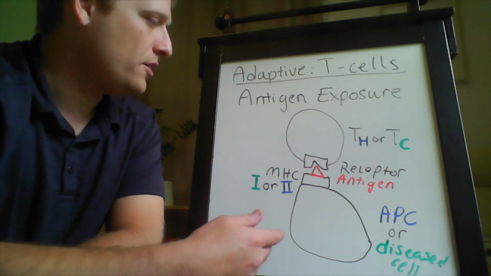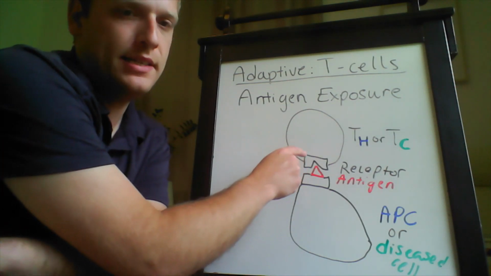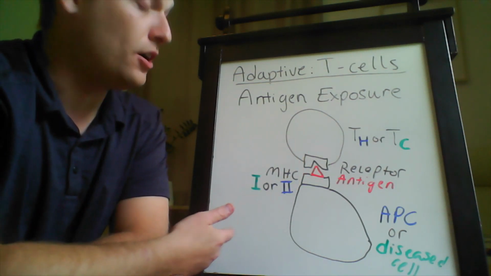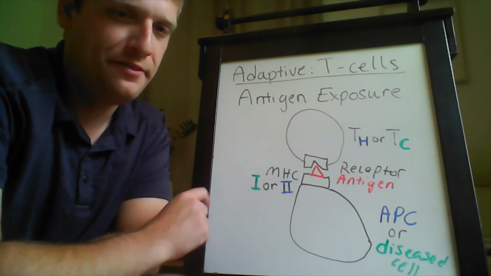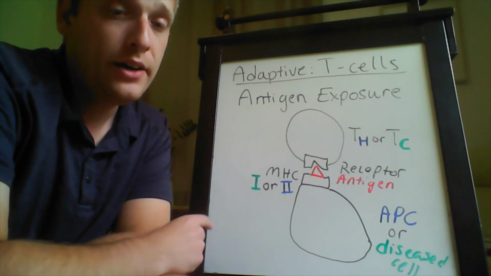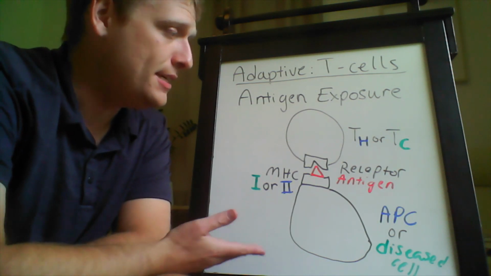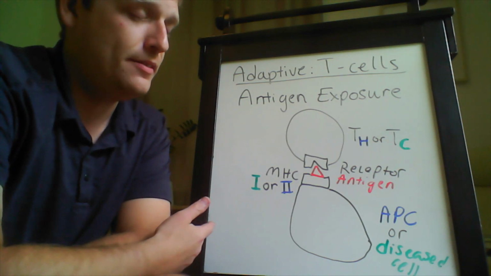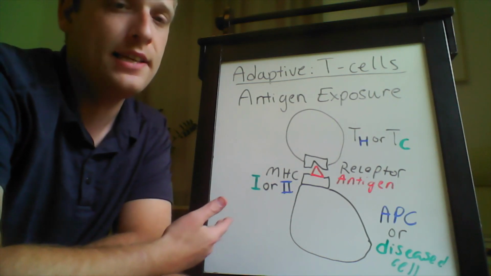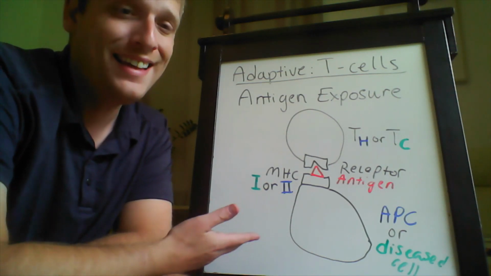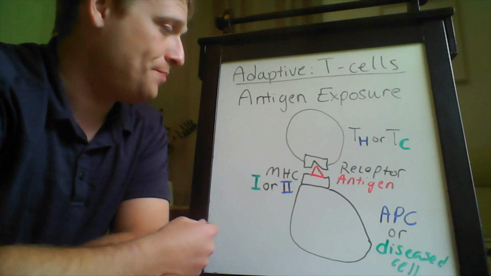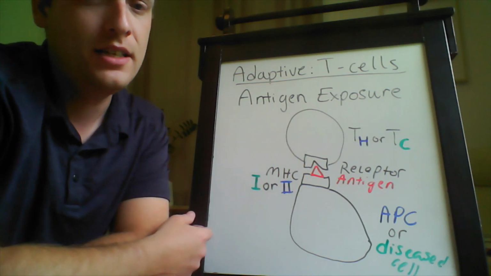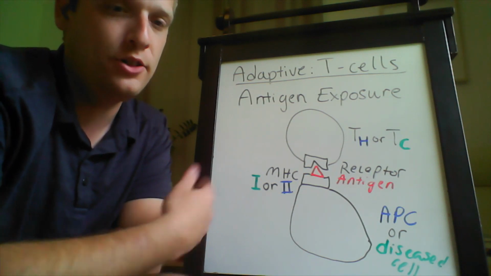So the T cells are going to contain a receptor called a T cell receptor that's going to recognize one specific type of antigen. Now your body is going to produce T cells with a variety of different T cell receptors. And in the case that a T cell is activated by binding to that antigen, that T cell is going to increase in number.